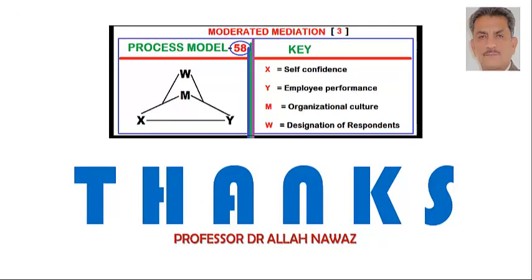So today we discussed the role of designation on path A and path B of the model, using model number 58 of Hayes, in explaining the direct and indirect relationships of X on Y, or self-confidence on employee performance, in the presence of organizational culture, using the moderator showing officers and staff members as the actors behind this process.